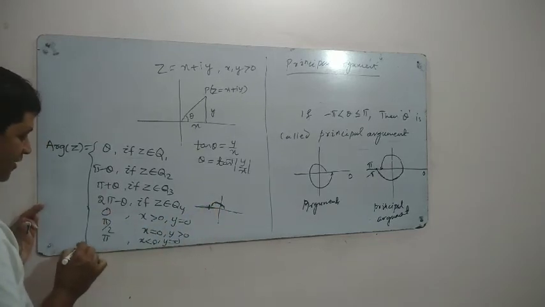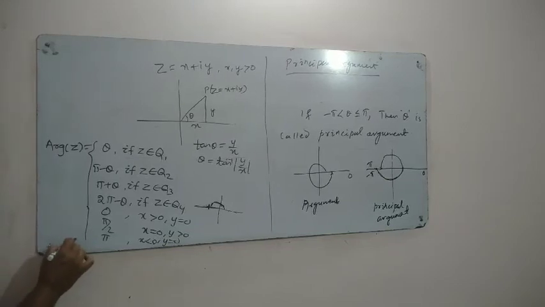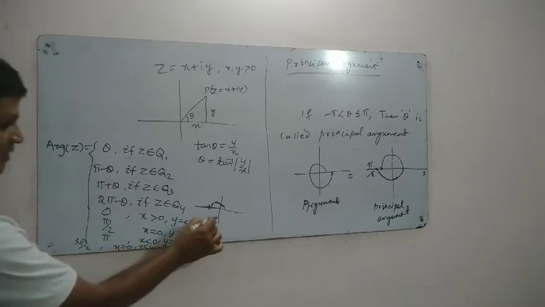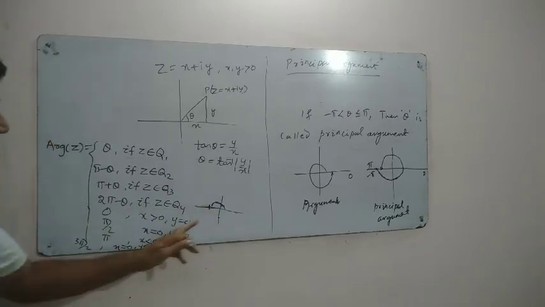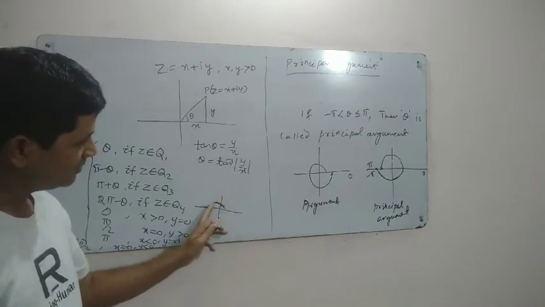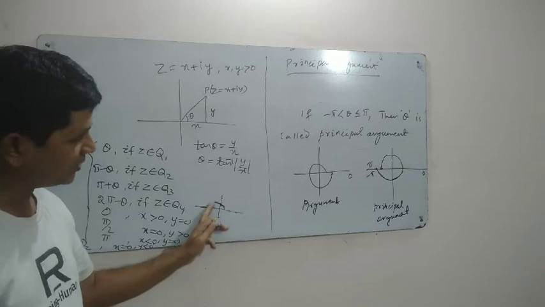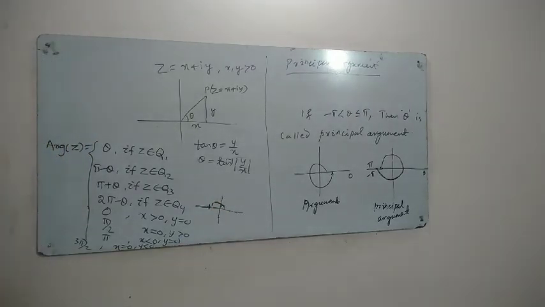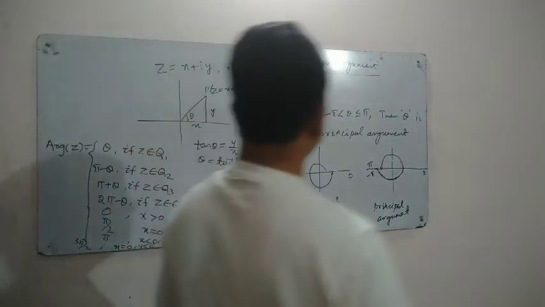And it is 3 pi by 2 if x is 0 and y less than 0, because the angle made by the positive direction of the real axis is 3 pi by 2. So this is the argument of a complex number.